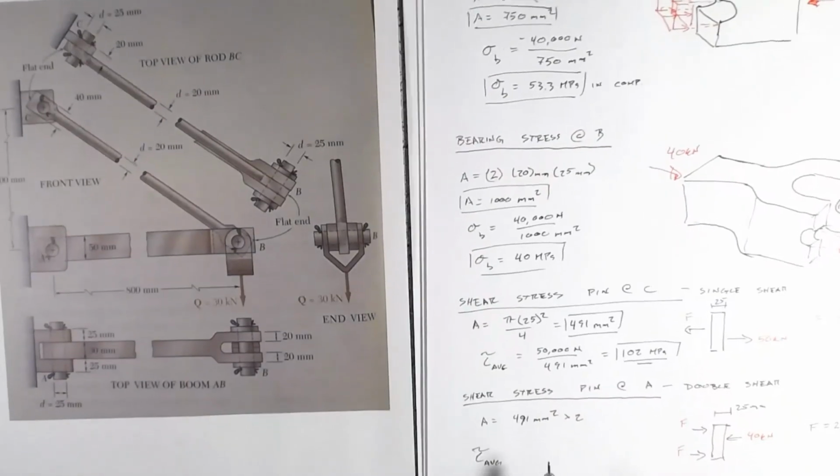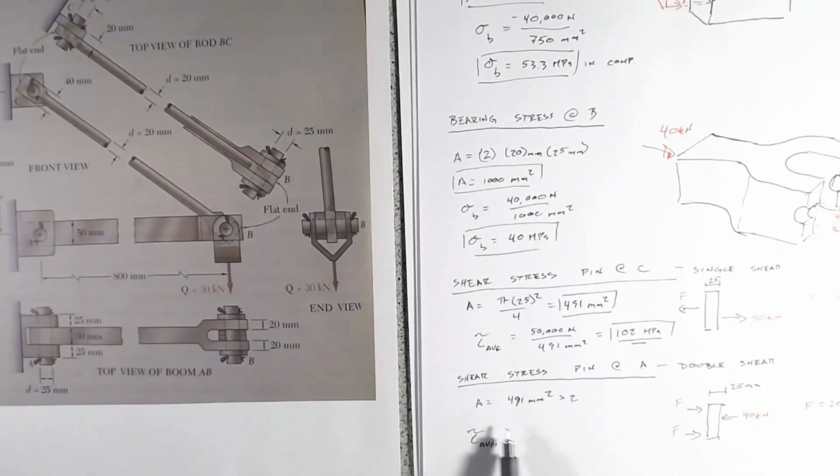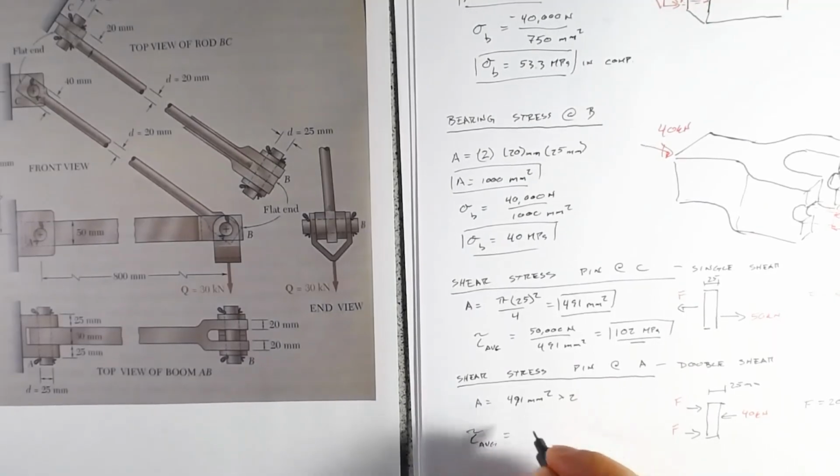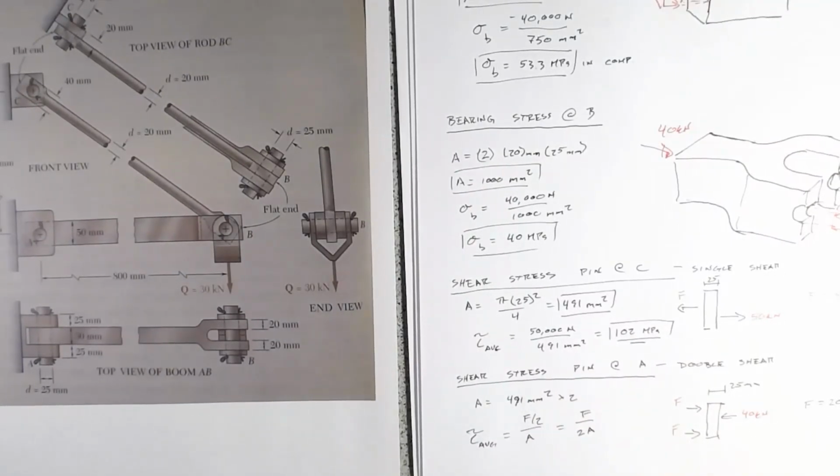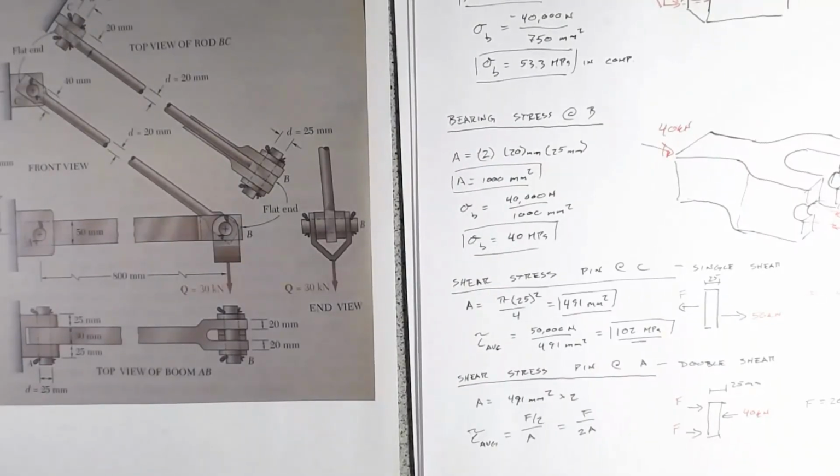So I think what we will do is we will look at the F 20 kilonewtons over that area, because remember, we can either be force over 2 times A, and that equals force over 2A. So that's all equivalent. And so we'll just look at this one for nicety.